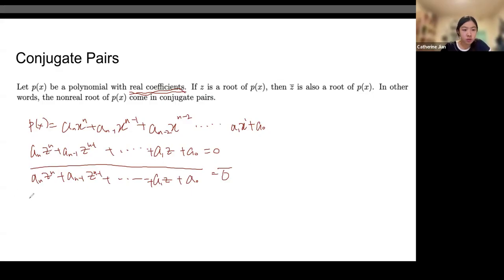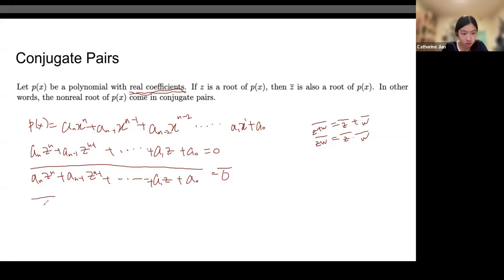And if you remember one of the properties we talked about earlier, where we have the conjugate of zw is equal to the conjugate of z times the conjugate of w, we can use that here. Oh, and we need to use this first: the conjugate of z plus w is equal to the conjugate of z plus the conjugate of w. So we can use this first to separate the conjugates here.